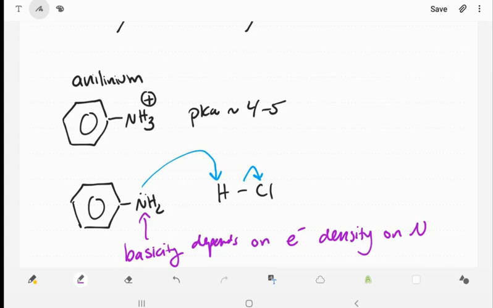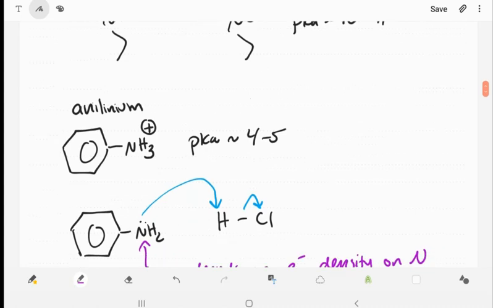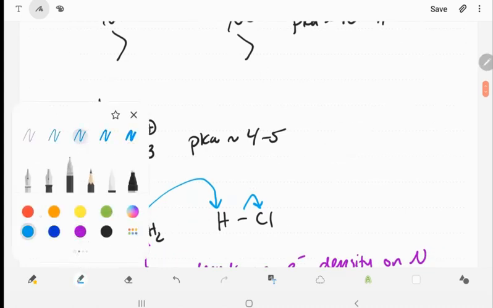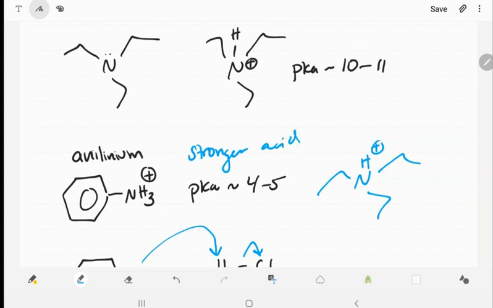The reason that a regular old alkylamine, notice its pKa is quite higher, which means the anilinium is a stronger acid than the triethylammonium, which means that it came from a weaker base, right?